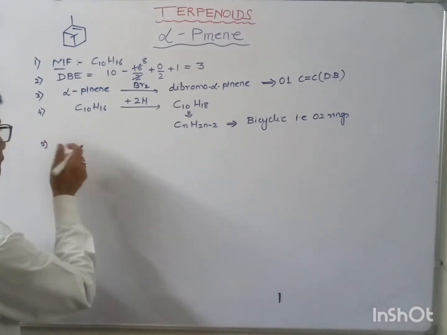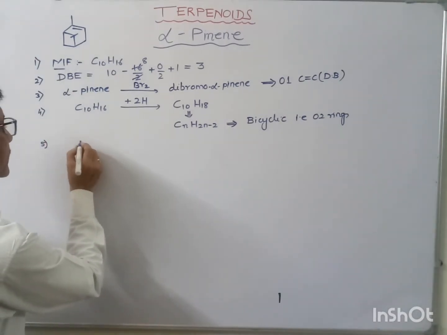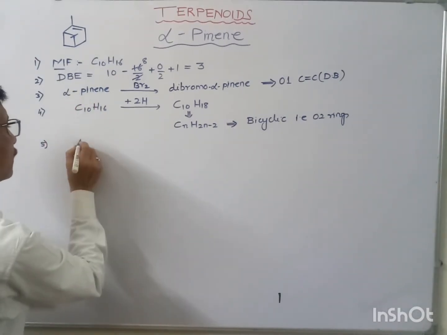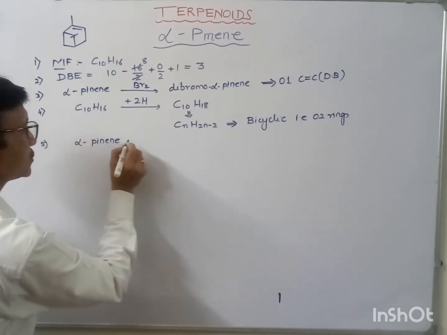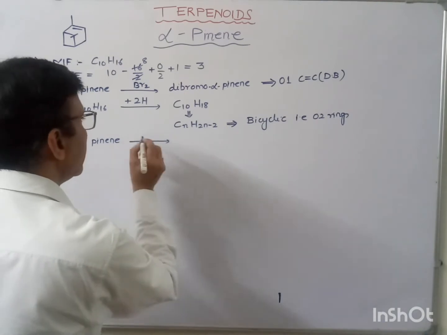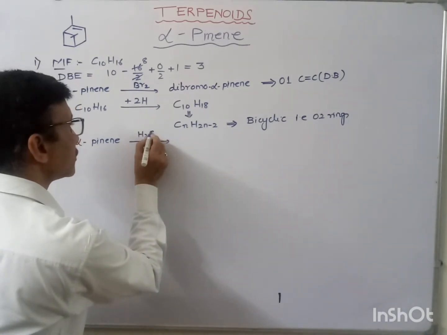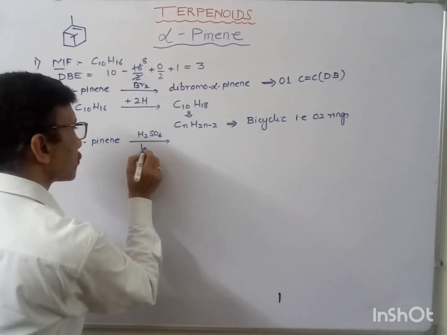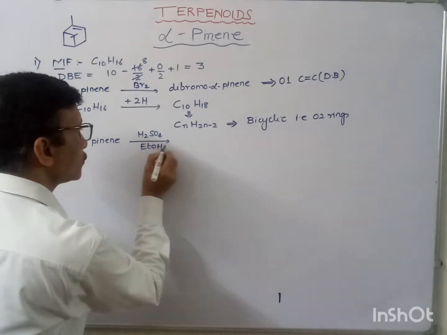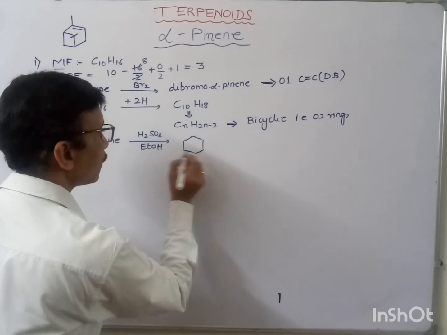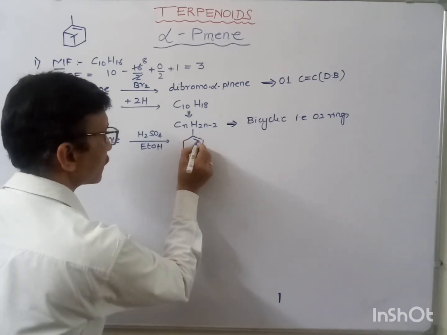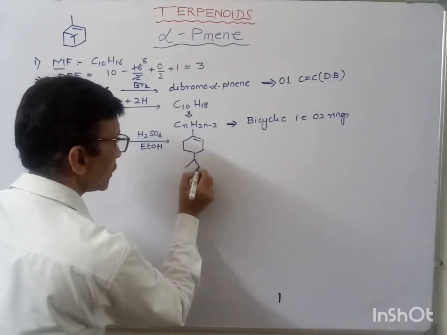So if we see, this alpha-pinene was treated with ethanolic H2SO4. It was treated with ethanolic H2SO4. Then it was found that this gets converted into alpha-terpineol.